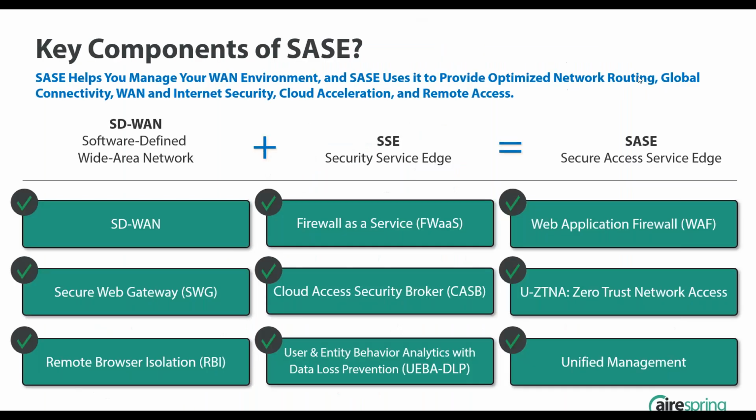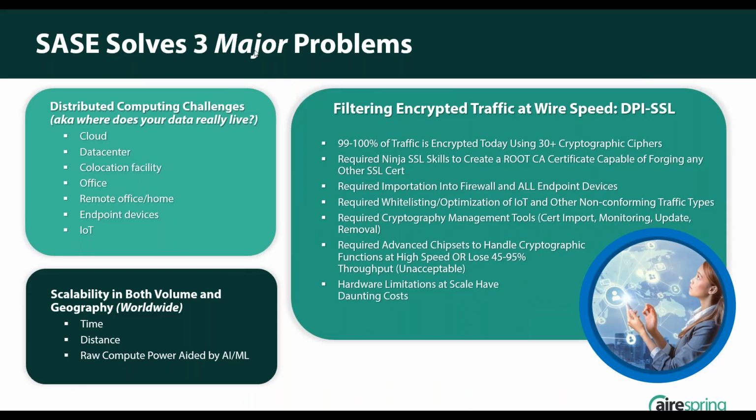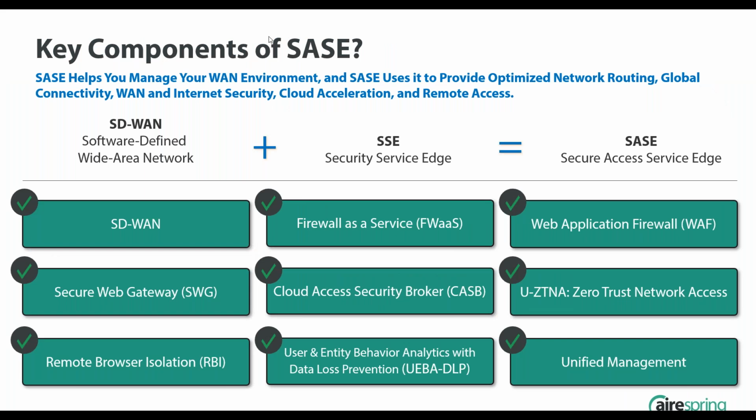So let's talk about some of the components. SD-WAN, we talked about SD-WAN right off the bat. That's the key cornerstone building block of SASE, right? But then you have firewall as a service, right?